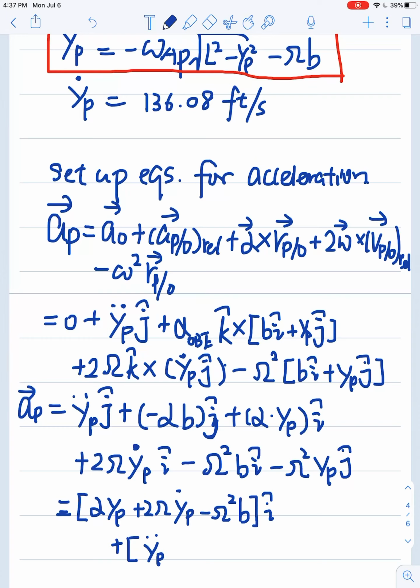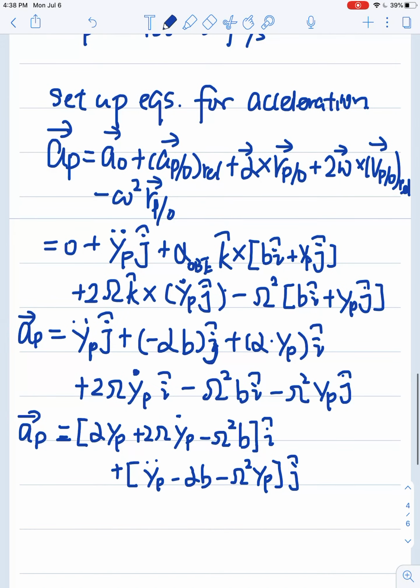Our j component, we have yp double dot minus alpha, sorry, times b, minus omega square yp. This is our j component. Okay, now our AP is written in terms of something I plus something j.